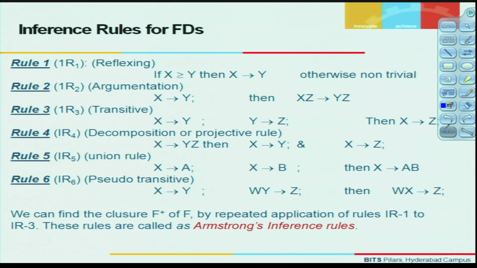And these are used when a functional dependency set F is given with FD1 and FD2. We can apply these Armstrong rules and derive all possible new functional dependencies, and that set of new functional dependencies plus the original one is called F closure, the closure of the functional dependency set F.